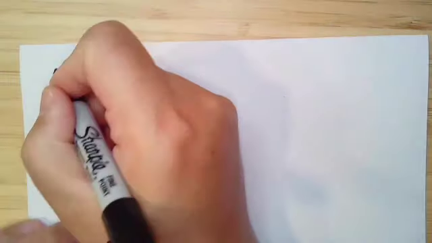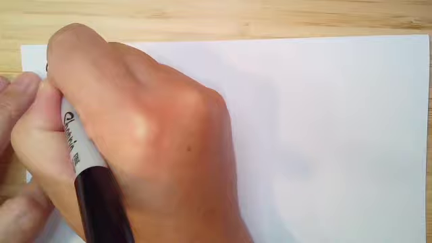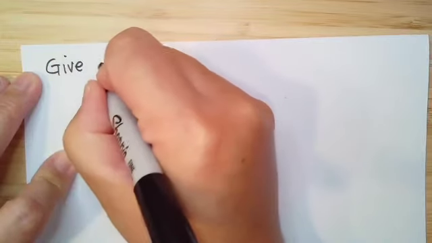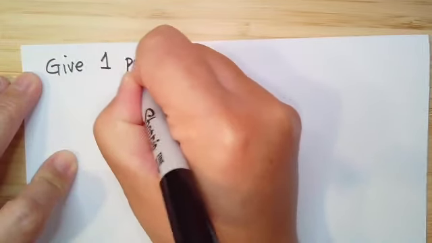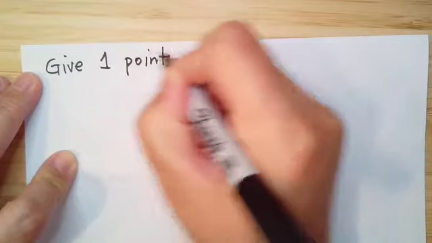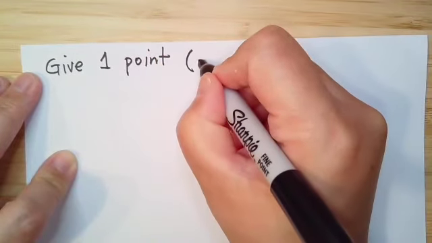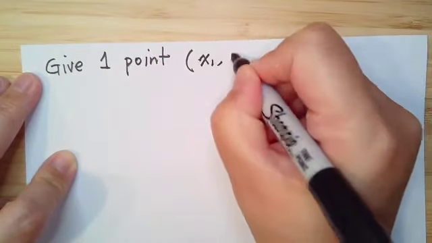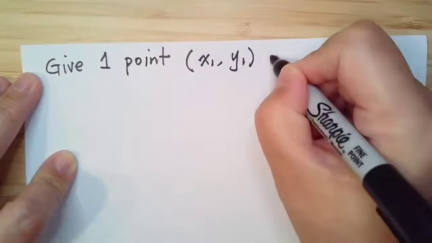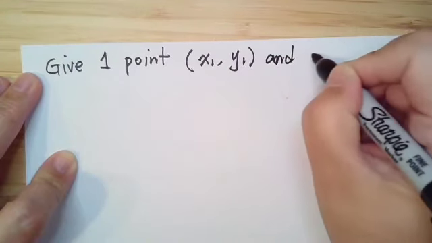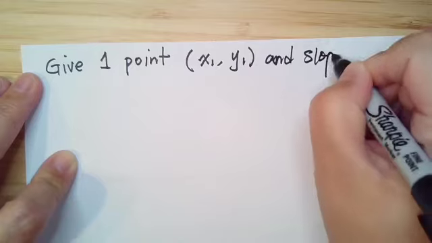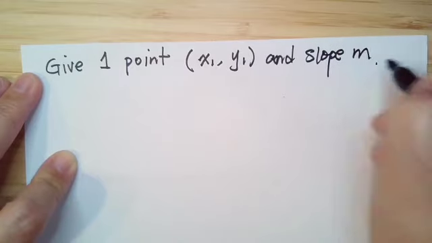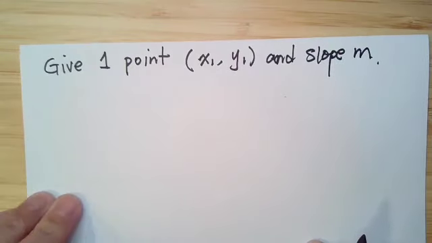Now, next one, what if I give you one point, I call this point (x1, y1), and slope m. Can you write the equation?